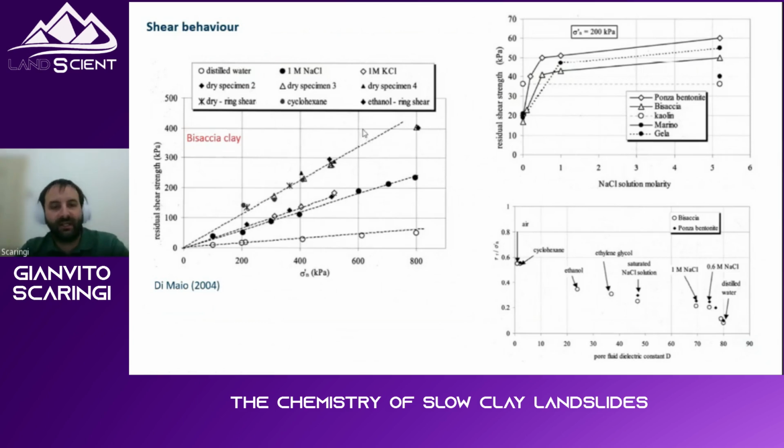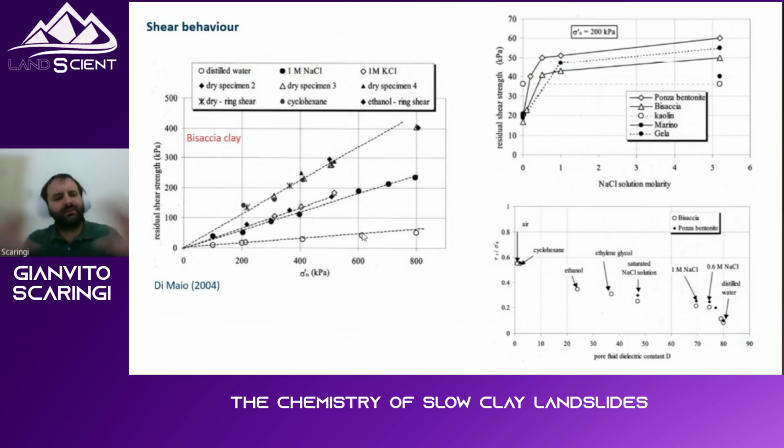The same clay prepared with or exposed to distilled water, or think of rainwater, has a friction angle that is not 20, not 15, not 10, it's only 5 or 4 or even 3 degrees. And that means that a slope made of this clay can have landslides almost on flat land. They can go when the slope is just 5 degrees, 3 degrees only.